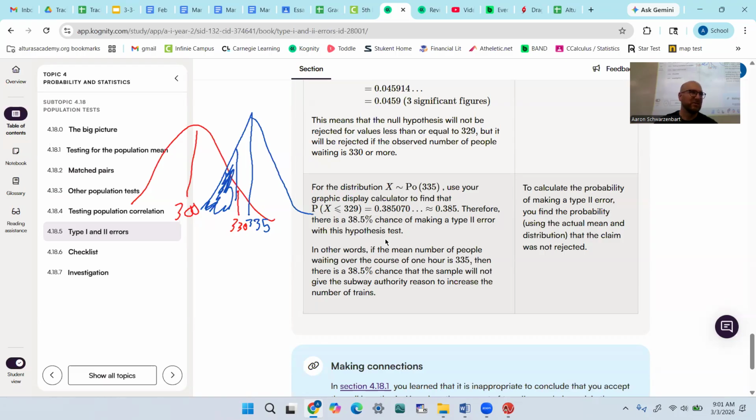You just have to remember how to do this. There will be some practice problems. That's it. You guys have some time to actually get going on 4.18 right now.